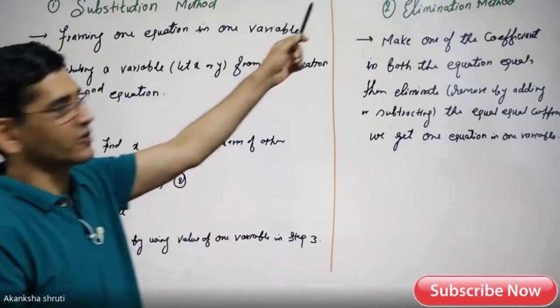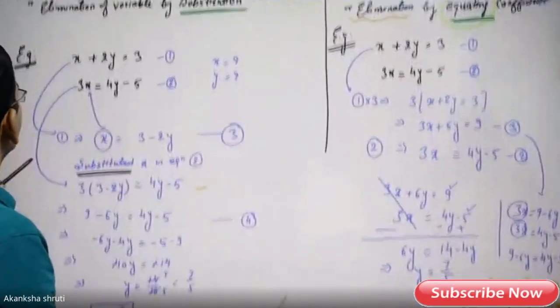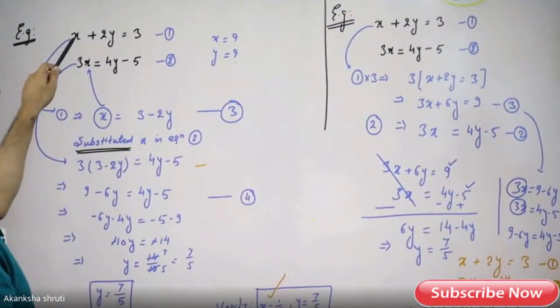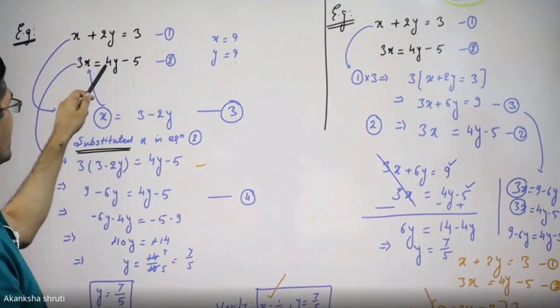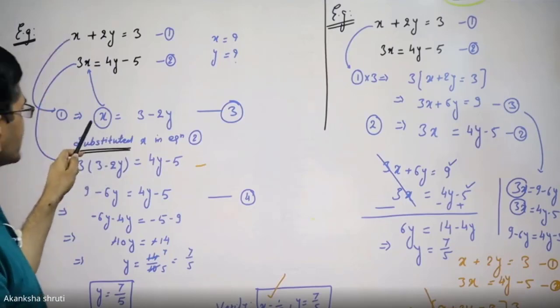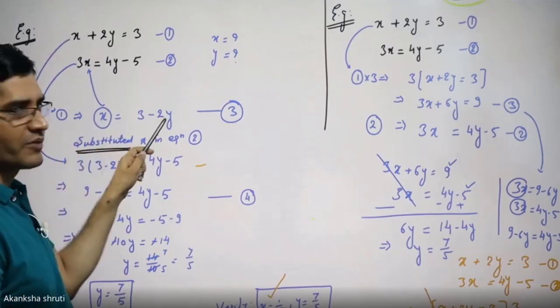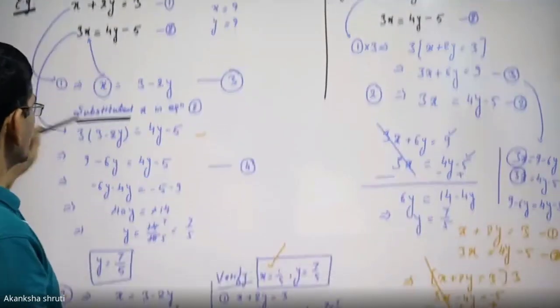Students, let us recall how these 4 steps we were using. Here I had taken one example, x plus 2y is equals to 3 and 3x is equals to 4y minus 5. From equation 1 we calculated the value of x in terms of y. Then this x was substituted in equation number 2.